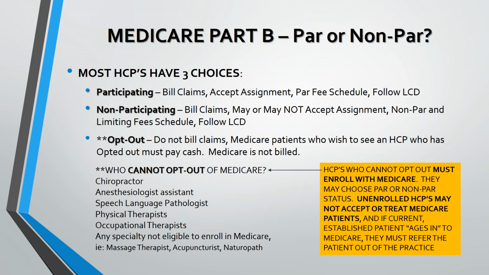But don't just not enroll, because if you are one of those providers who cannot opt out of Medicare, like a chiropractor or a physical therapist, and you accidentally see a Medicare patient, and that Medicare patient accidentally decides to bill Medicare for their services.